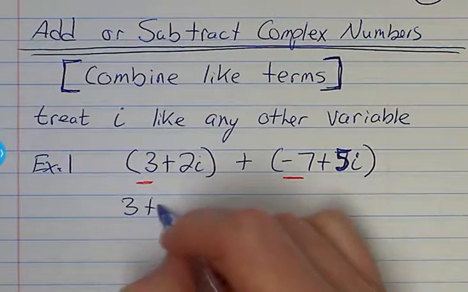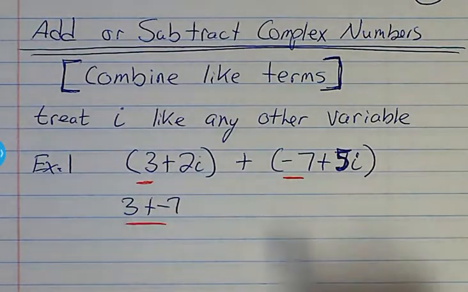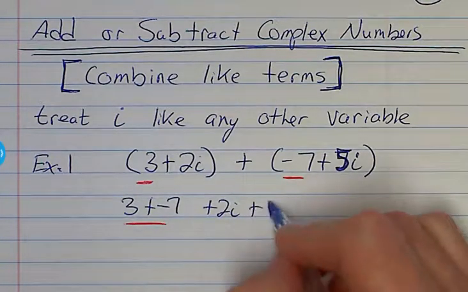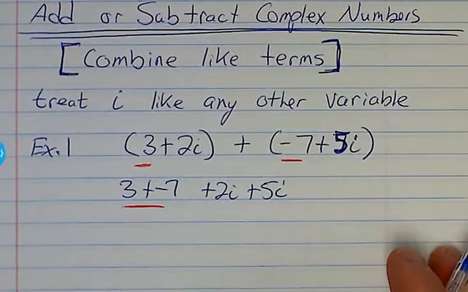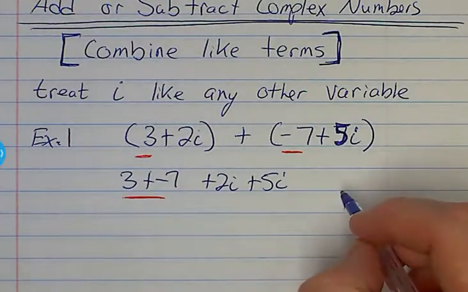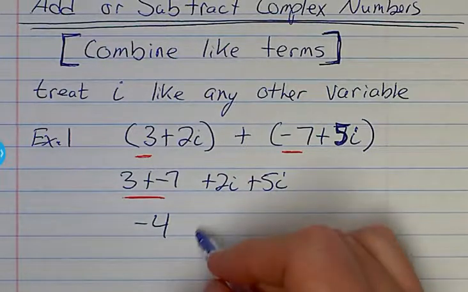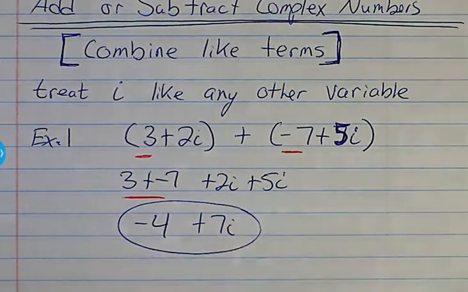You're going to do 3 plus negative 7. And then the i terms, you've got a positive 2i, and you're going to add that to another 5i. And from there, you just add or subtract. You've got 3 plus negative 7, which is the same thing as 3 minus 7, so it'll be negative 4. 2i plus 5i is 7i. And that's it. That's all you have to do.